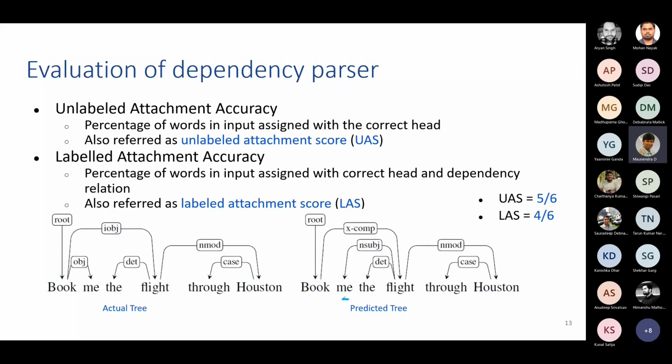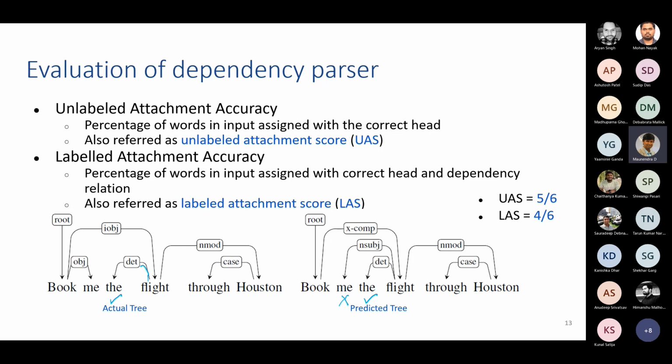It's book, right? So it's not matching. So for me, it did not match. For the, the head word is flight, right? Left hand diagram also has the edge. So for the, in both cases, the head word is flight.